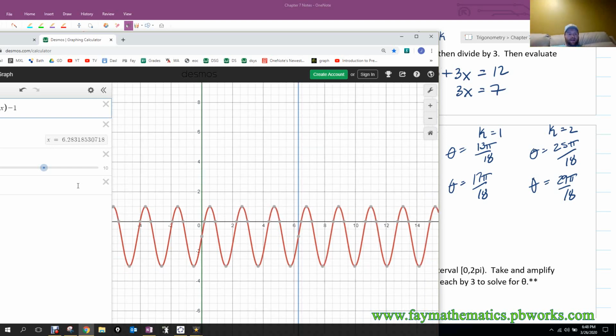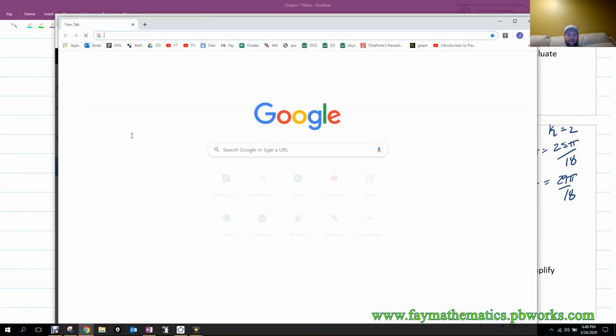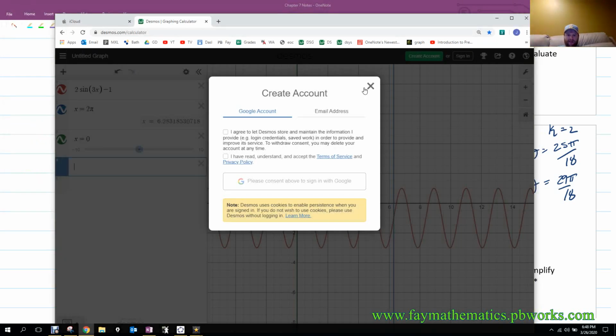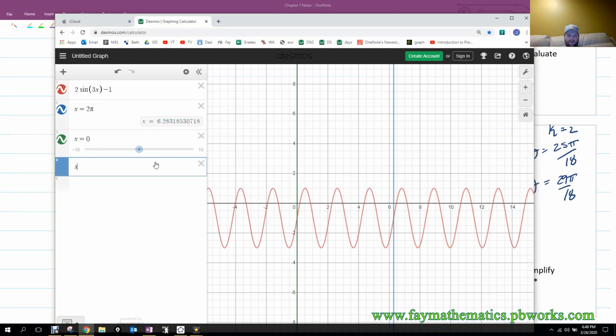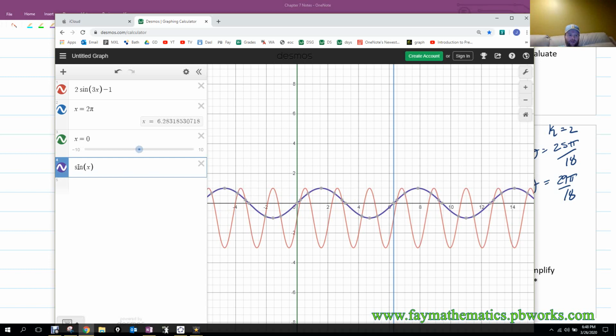But kind of comparing that then to our traditional sine of x. If I compare it to my original sine of x, and I'll make it 2 sine of x as well, just to see that the amplitudes are the same, and I'll subtract 1 from it so that they're shifted the same.